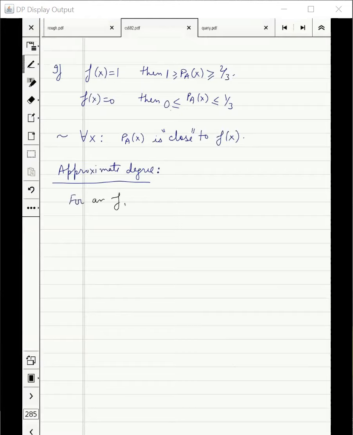For an f, the approximate degree of f is the minimum degree of polynomials which approximate.